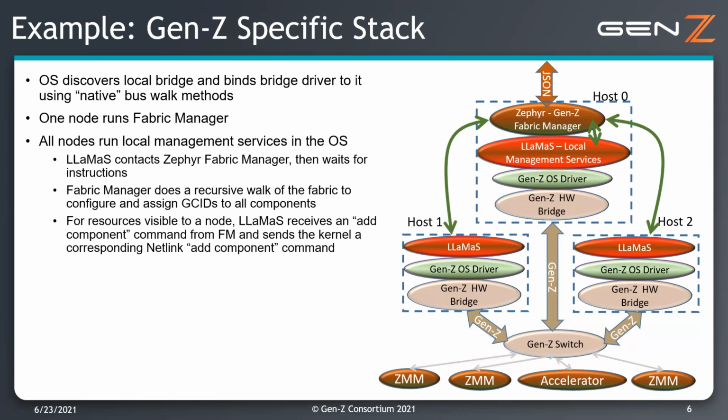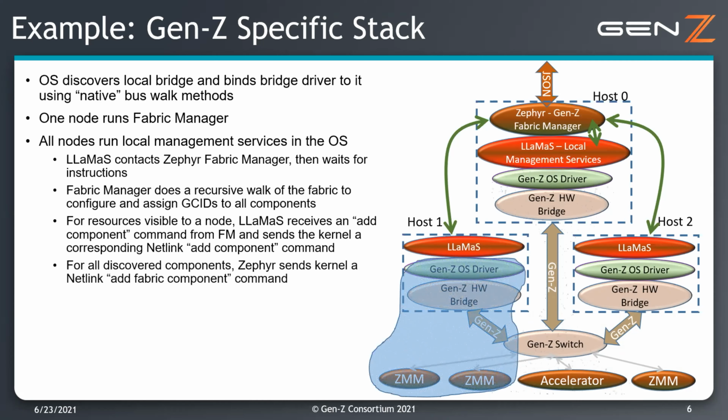Now Netlink is an existing Linux standard feature that allows user space to make calls into the kernel using a kind of socket style, as opposed to various other mechanisms that user processes have to talk to the kernel. Next bullet.